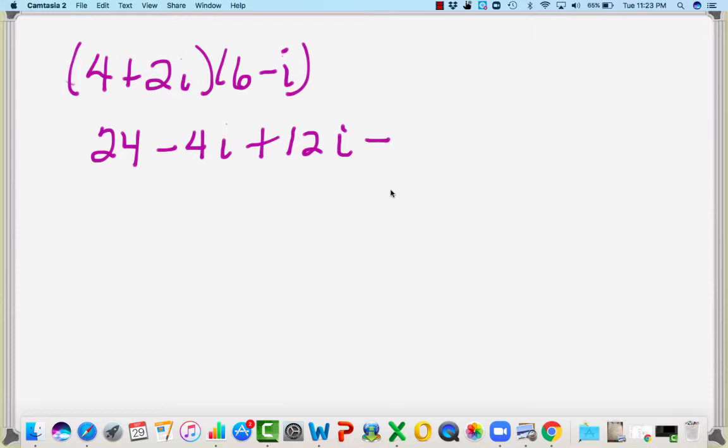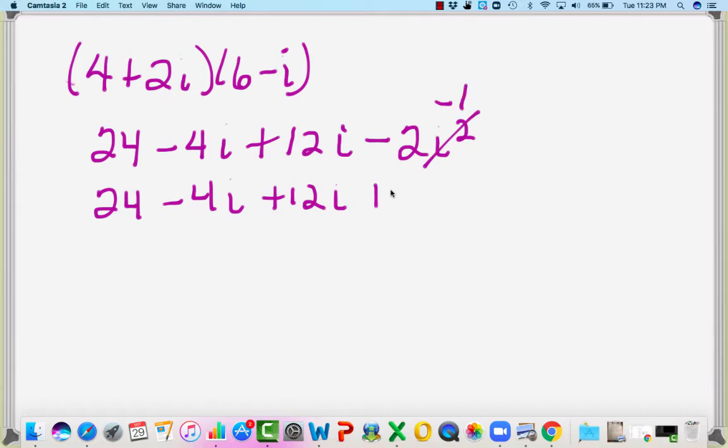But again, recall that i squared is -1. So we're going to have 24 minus 4i plus 12i, but if we put in -1 for i squared, that makes that plus 2. Now combining my like terms, I'll have 26 plus 8i.